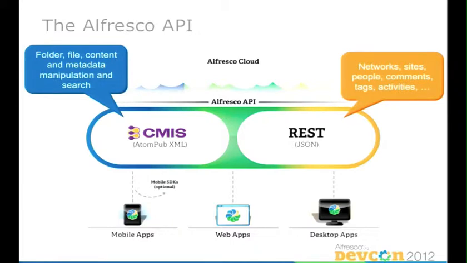That's not something that's generic content management. So we've added in the ability to, at the moment, read site information, find out which sites a user is a member of, have they favorited a site, that kind of thing. People, looking at user objects, person objects in Alfresco, and being able to see a user's profile information, manipulate that information in some cases, comments, tags, activities, and the list goes on.